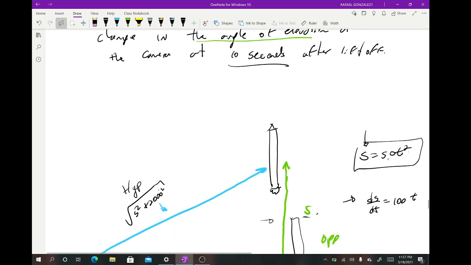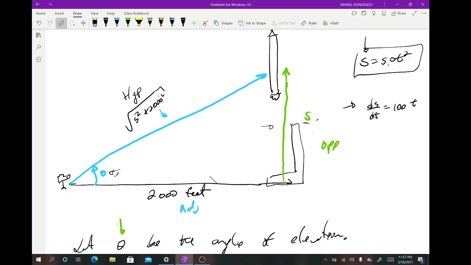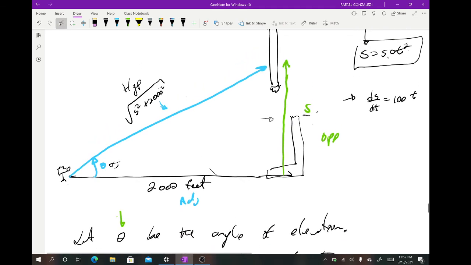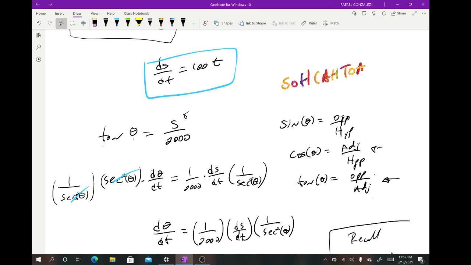Not only that, but we also had multiple relationships with not only the angle, but also the sides. We ended up having to find all three sides of this triangle at 10 seconds.